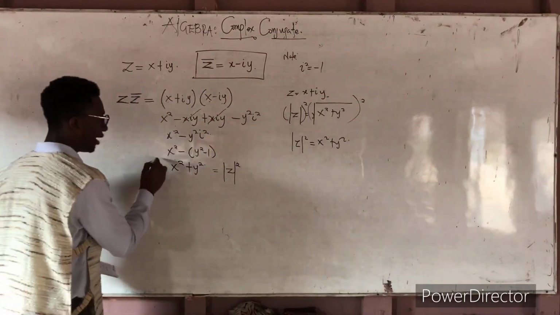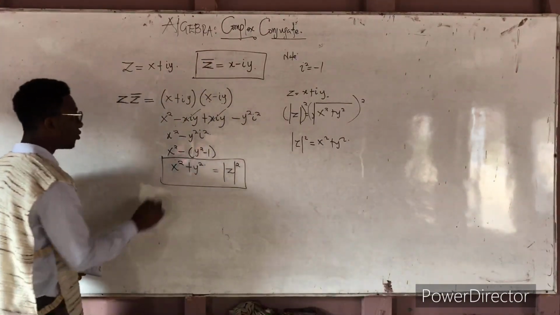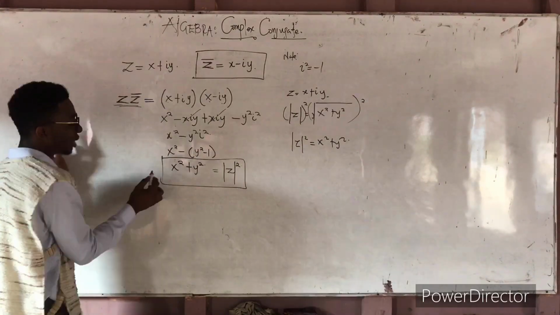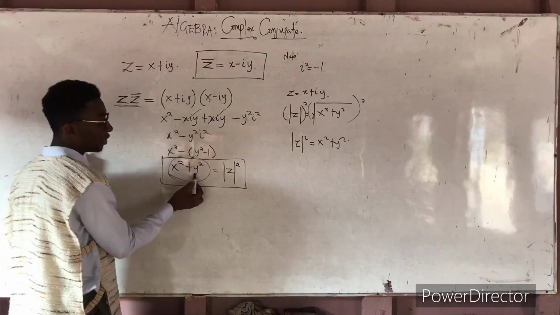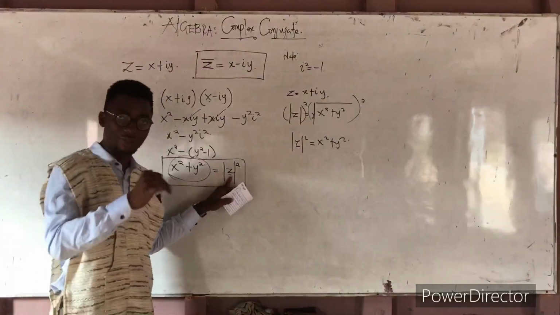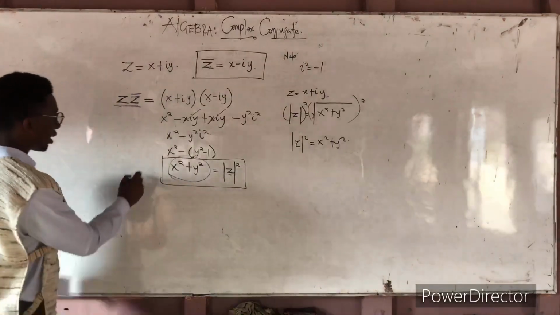So anytime you multiply a complex number by its complex conjugate, you get a real number, x squared plus y squared, and that is the same as the square of the modulus of the complex number. That is their product.